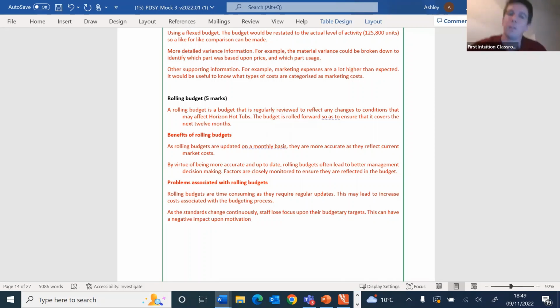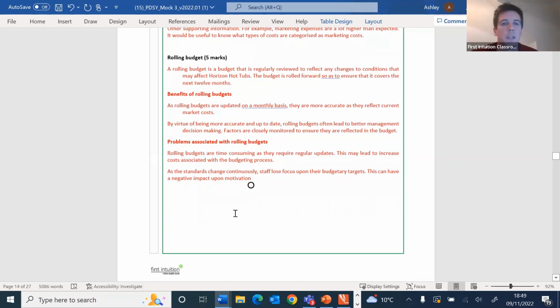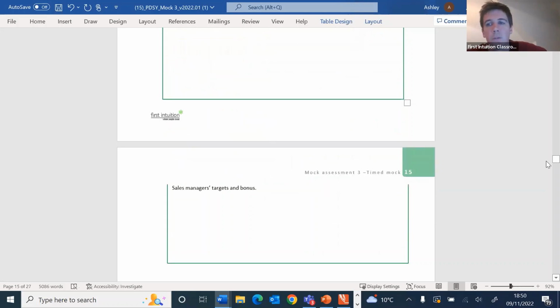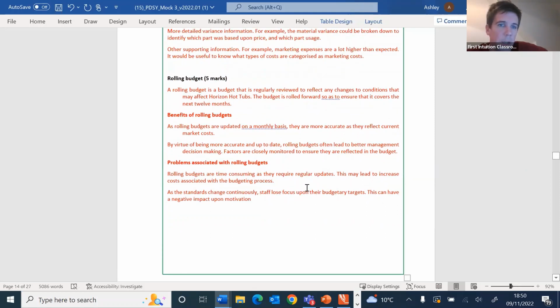So again, if you've got time, you might want to create a bit of a safety net by coming up with one or two more. Those pros and cons can be examined, or rather can be assessed. You've got those in your material, so it wouldn't be a bad idea to go back over those. But that there for me is an answer which should score towards the top end marks.